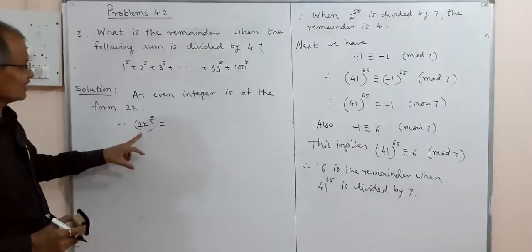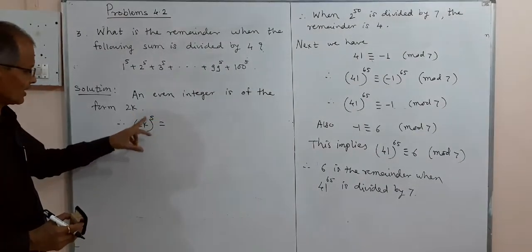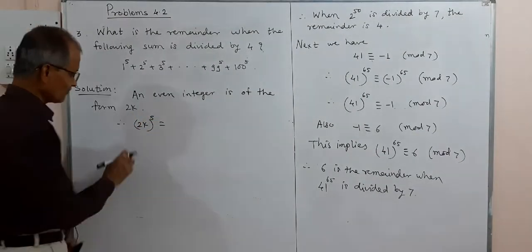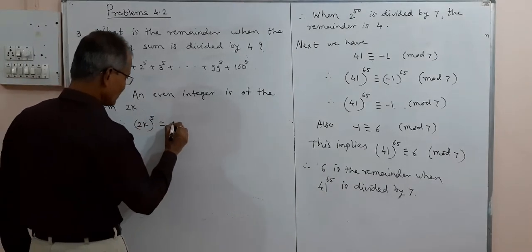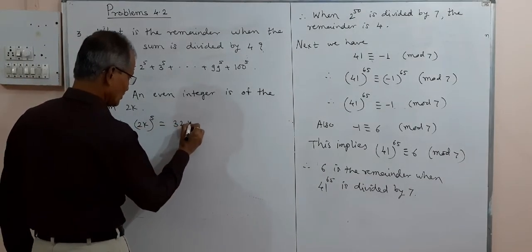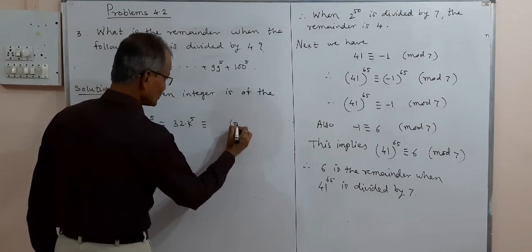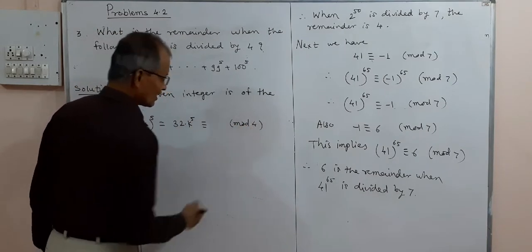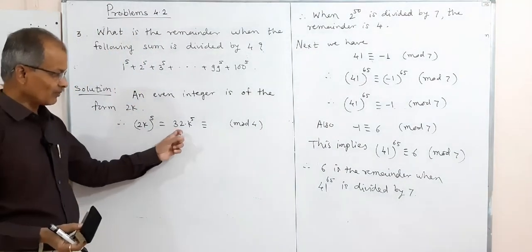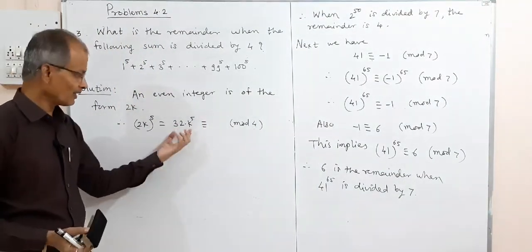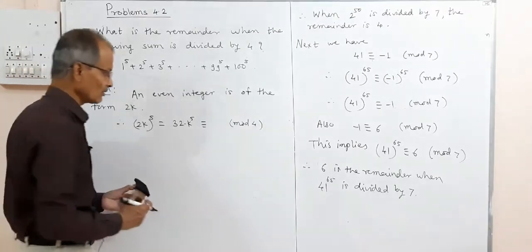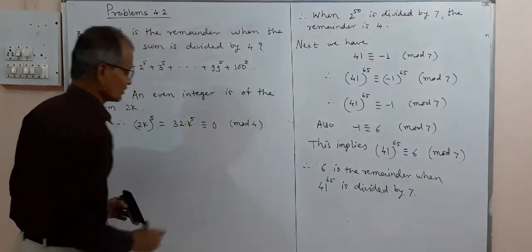So we are considering an even number in the form 2k, and the fifth power of this will be 2 to the power 5, which is 32, into k raised to 5. And clearly this is congruent to which number under modulo 4? You see, 32 is divisible by 4, so 4 always divides this number, and therefore this is congruent to 0.